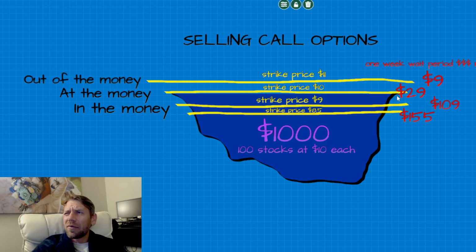So I'm going to get the price of whatever the premium is, but I get a liability of $29 because 1 week hasn't elapsed yet. And that liability can change in value by next week. It could go higher than $29. It can go lower than $29.